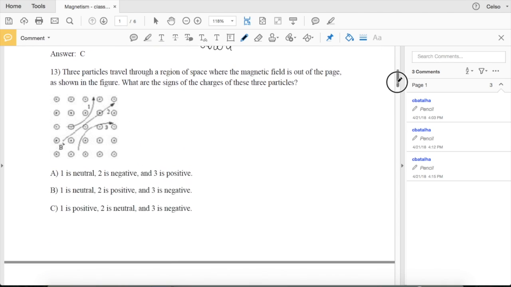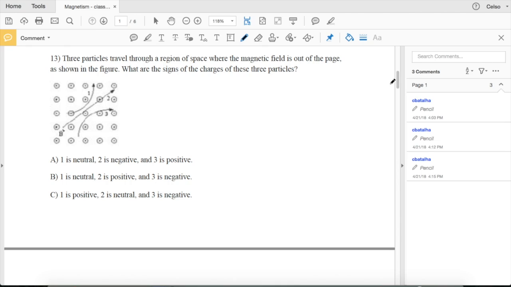Let's do another one. You have three particles that travel through a region in space where the magnetic field is out of the page. That's the symbol of out of page, showing in the figure. What are the signs of the charge of these three particles?